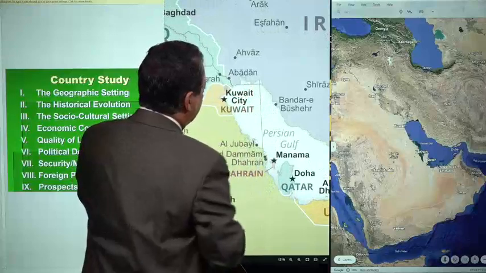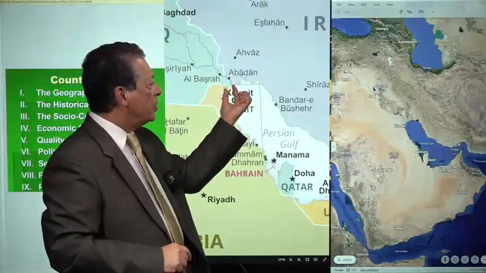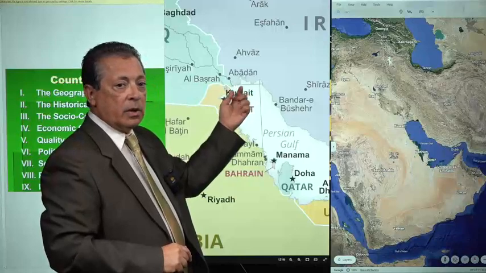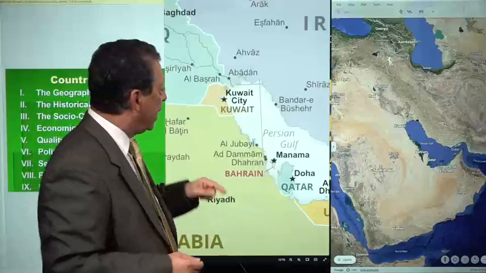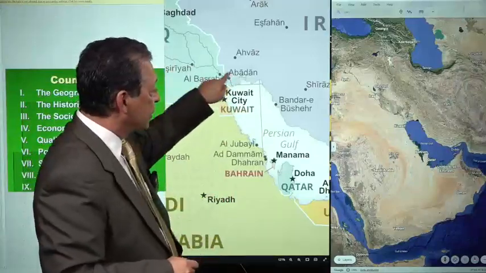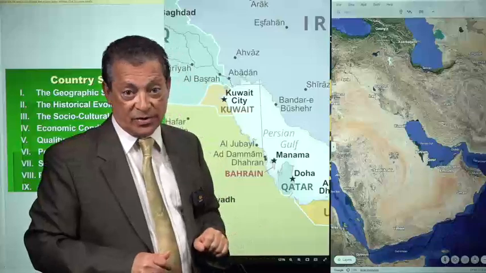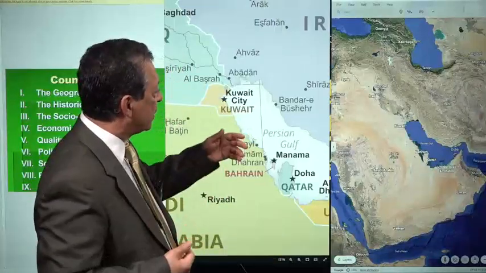Do you see that? Look at that tiny bitty amount of Persian Gulf coast of Iraq. That is only 12 miles, 12 miles versus 1,200 miles. You see the difference? So what does that mean politically for us from a geographic perspective?